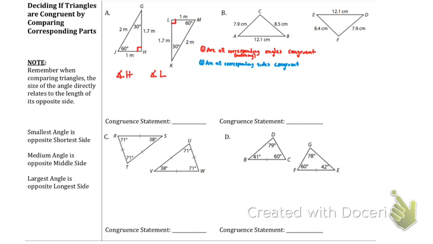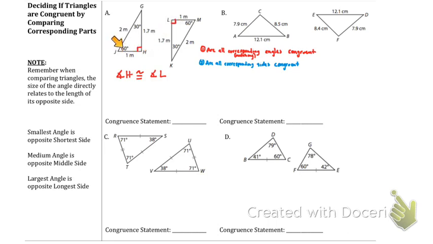But we have to go further. Not only do they match, can we say they have the same measure? Are they congruent? So this angle is 90, this angle is 90. Since their degrees are the same, we can then say they are congruent. We then move on to the next angle. So I'm going to go in this triangle to angle J. I'm going to look for angle J's matching part.